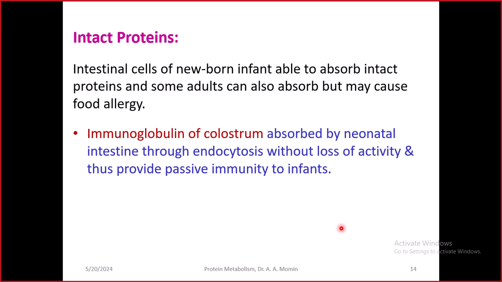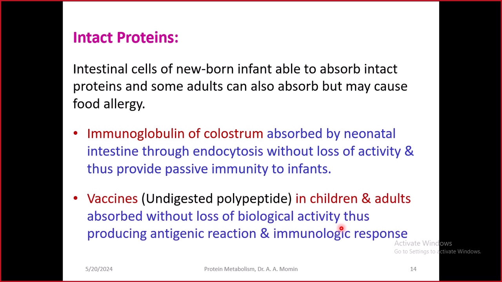Those immunoglobulins can be directly, intactly absorbed in the intestinal cell and then into blood. That is the only exception, but in adults no protein is directly or intactly absorbed. If absorbed, that shows allergic reactions.